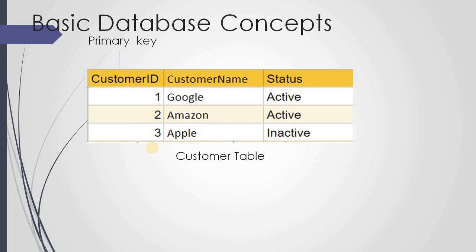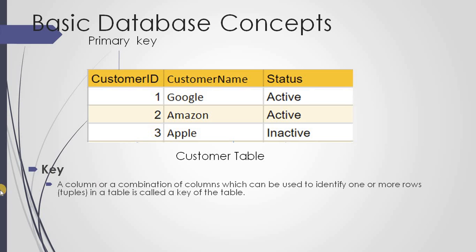Whenever we assign a primary key to a particular field, the data values in that field are unique. That means the next time, I will not be allowed to use the same customer ID. Each and every customer will get a separate customer ID. Also, it will not allow us to keep that field blank. Thus, the primary key has two properties. One, uniqueness, and the second one, not null.